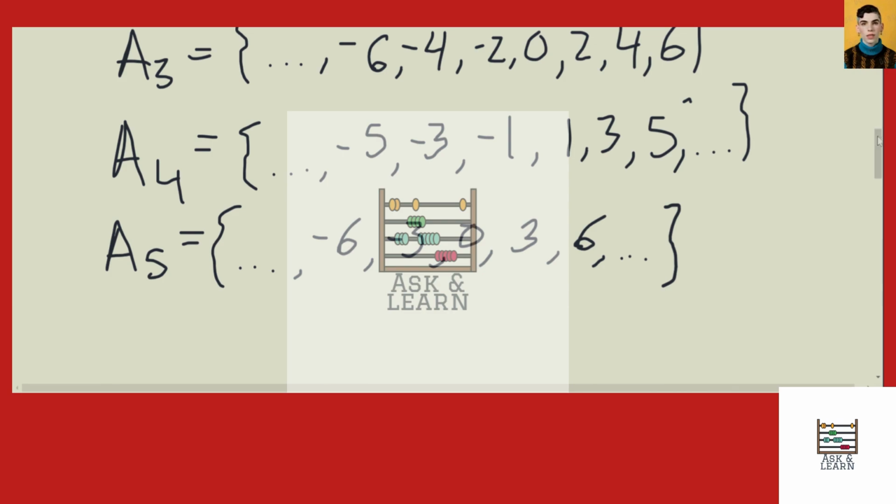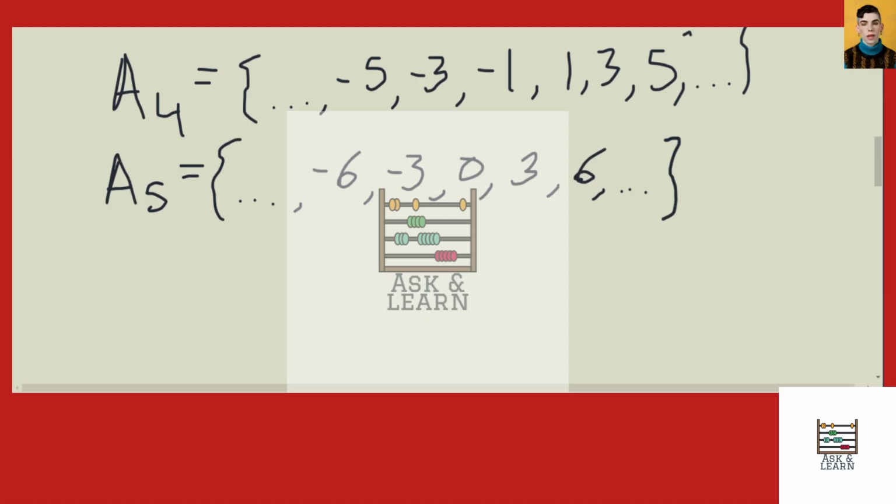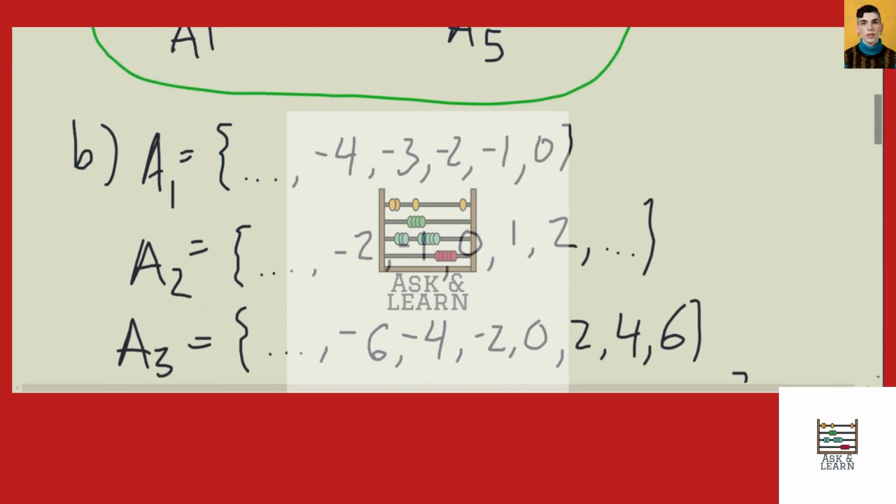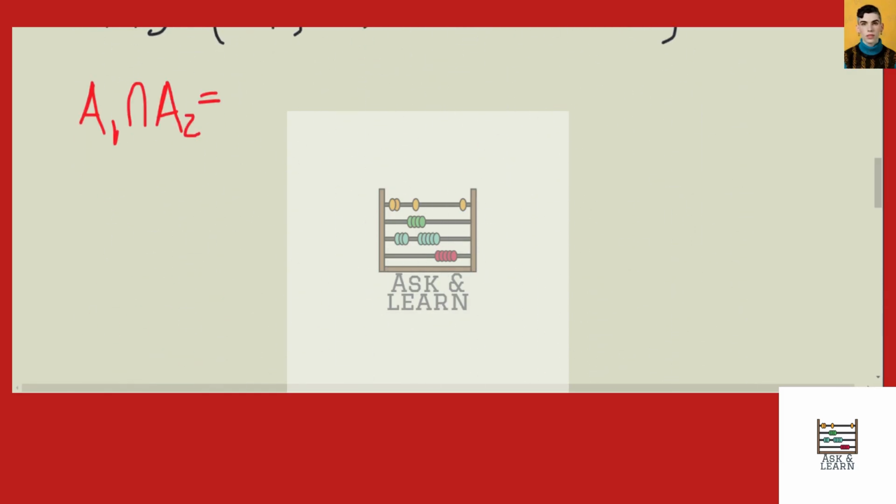And so we have that A1 intersect A2. This is going to be the negative integers, which is A1.